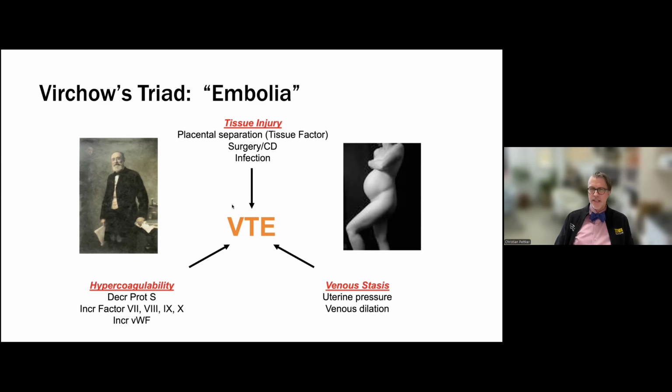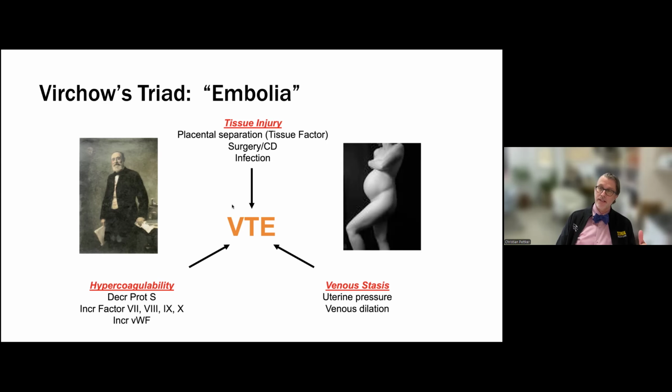The key thing about tissue injury related to pregnancy that a lot of people don't understand, it is related to surgery and having a cesarean, and oftentimes we do see infections in pregnancy, but the real tissue injury that we see that contributes to thromboembolic risk is the tissue factor that's released at placenta separation. So it's actually the physiology of birth.